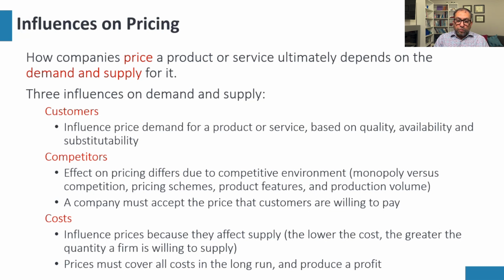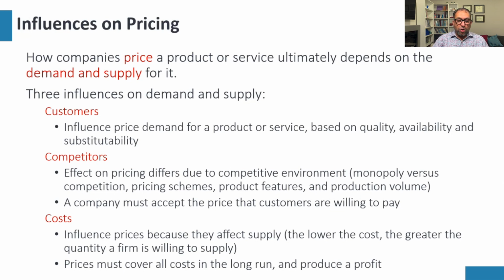So the supply curve is going to expand or shift to the right if the cost goes down. And the cost can go down because of a decrease in input prices. It can be a decrease in wages, or raw material and all these things. So that has an influence on the supply side.